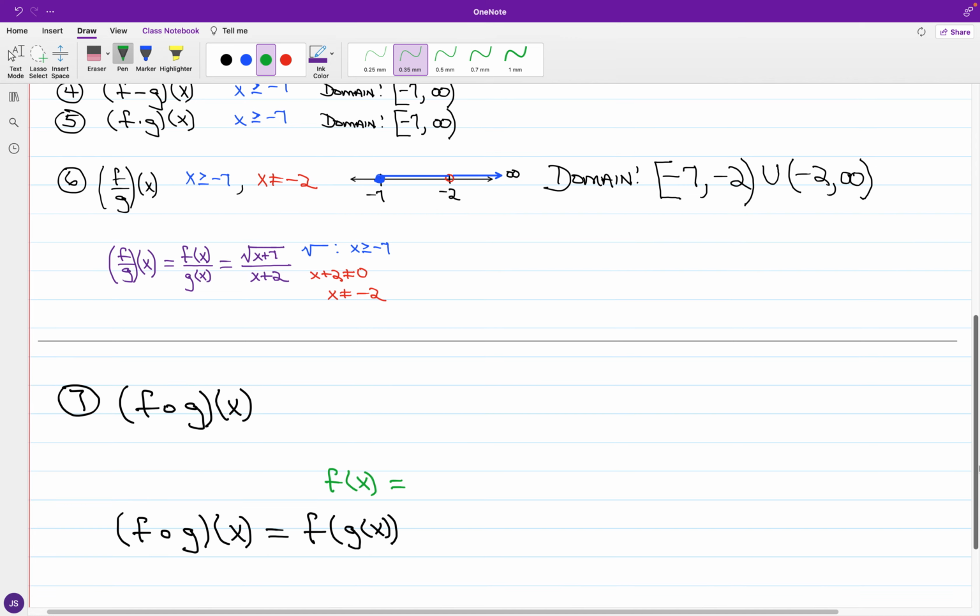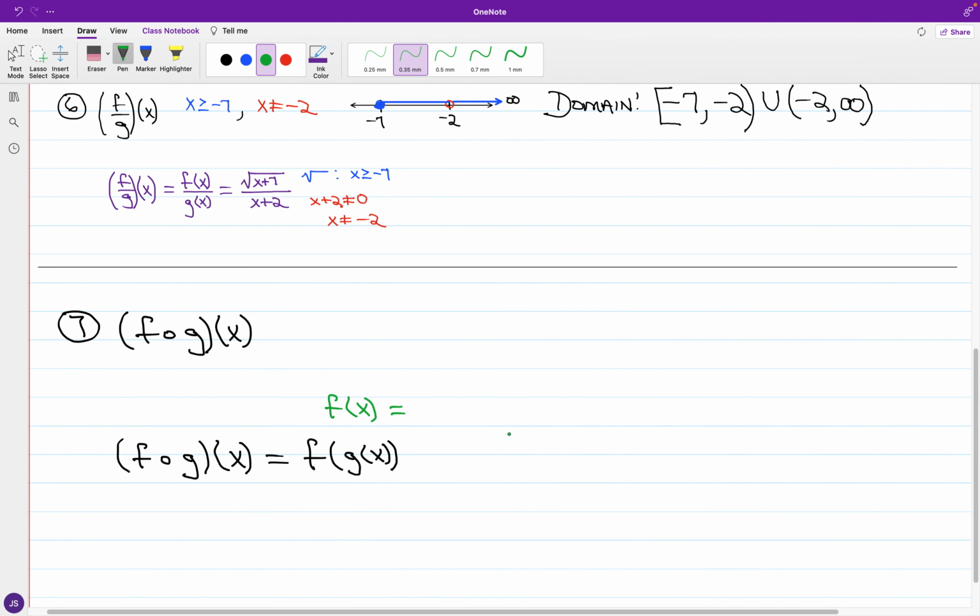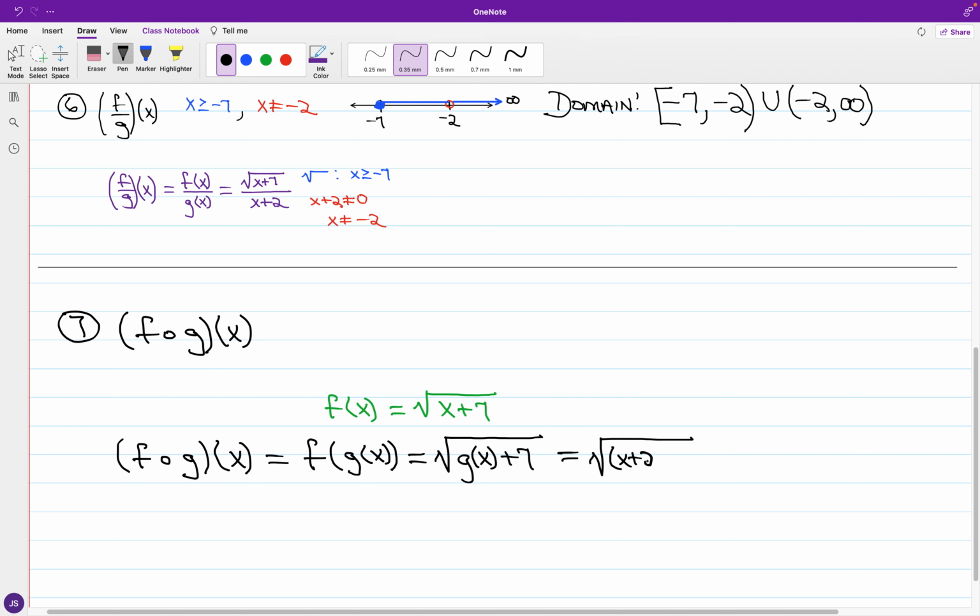Again, we have the output, okay, we have at f, and again, f of the input is defined by the square root of the input plus 7, okay, and with the input at g of x, okay, so I have the square root of g of x plus 7, and g of x, again, we have at x plus 2. So we have the square root of the quantity x plus 2, plus 7. And combining the constants, okay, we have the square root of x plus 9.